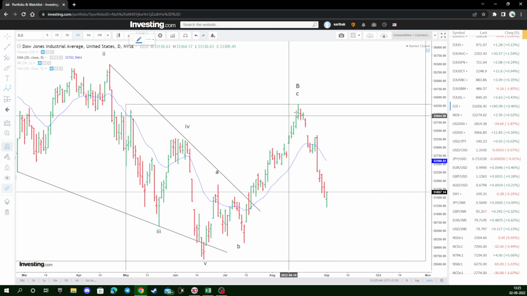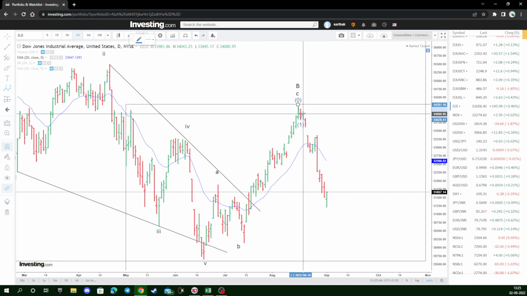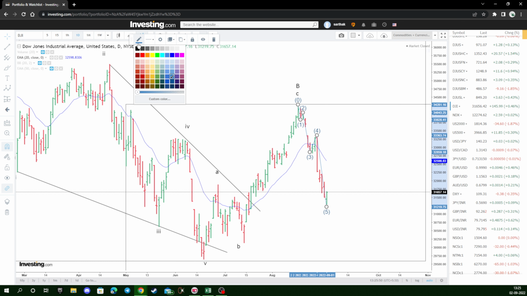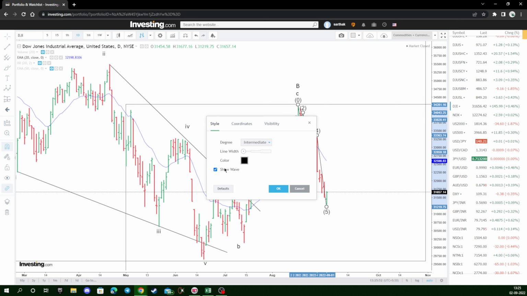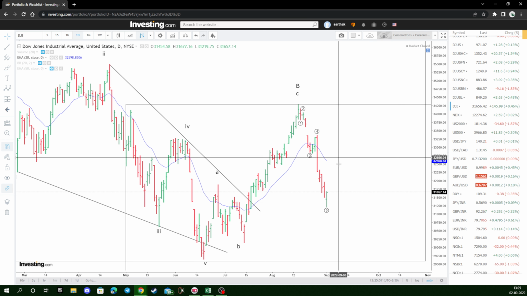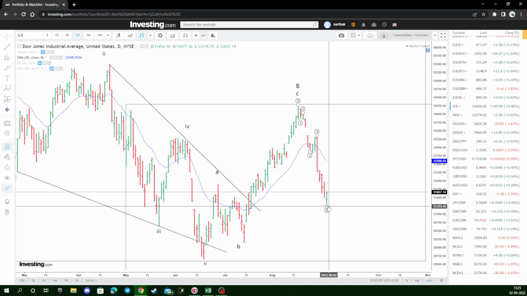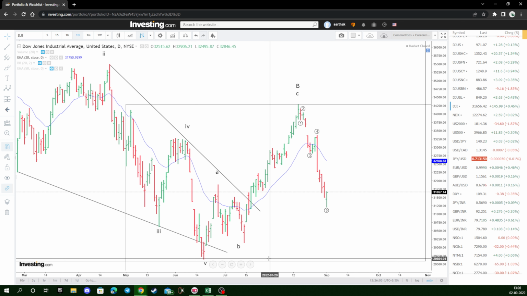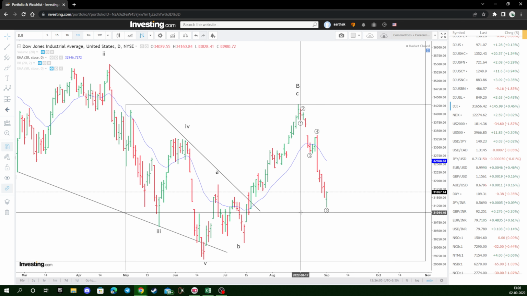But what roughly it means is we have done this 1, 2, 3, 4, 5 leg move, and after we do this kind of move, a fair expectation might be to see a counter trend up move, say till the 20 EMA, which is positioned around 32,750.